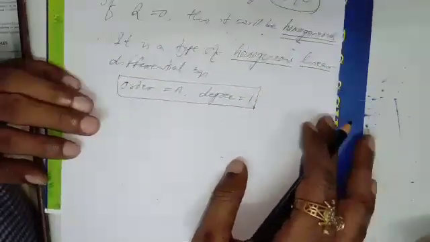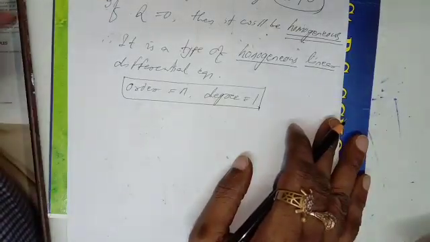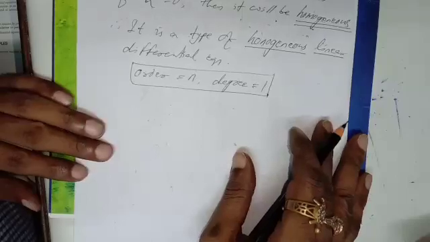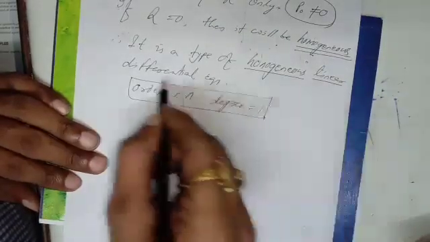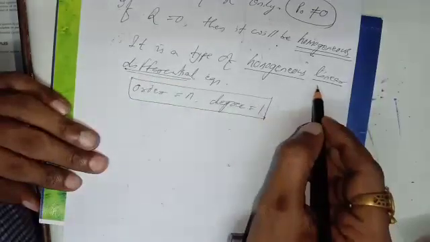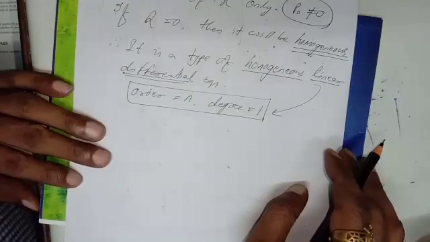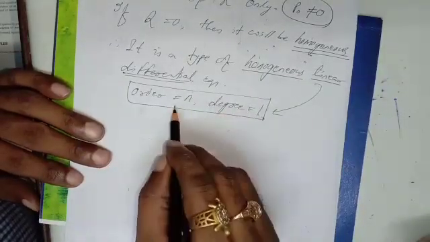In the case of non-linear, the degree will be more than 1, maybe 2, 3 like that. This is the condition for a linear differential equation: the degree should be 1, the order may be anything.